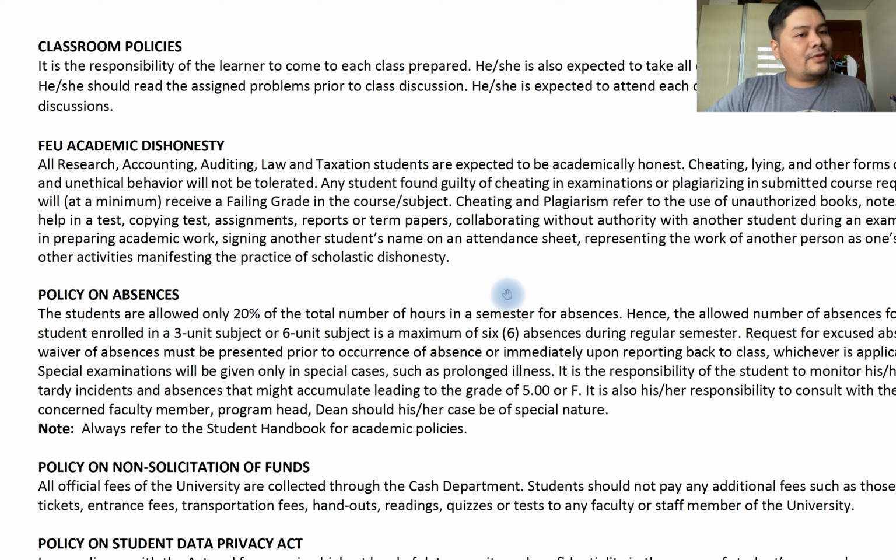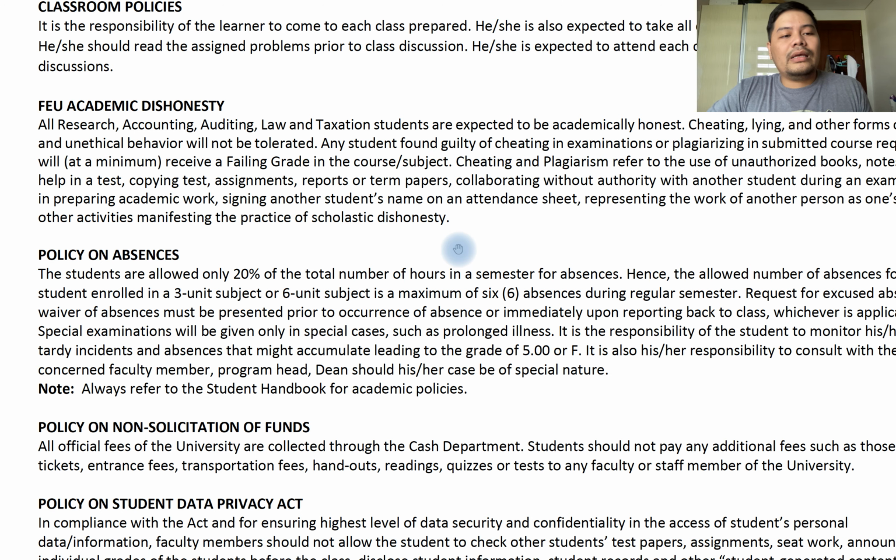Okay, so again, on academic dishonesty, cheating is highly regarded as a form of academic dishonesty. So kung nag-cheat kayo, nakita namin sa analytics namin or may mga proof, expect that your scores will be affected and your grade will be affected.